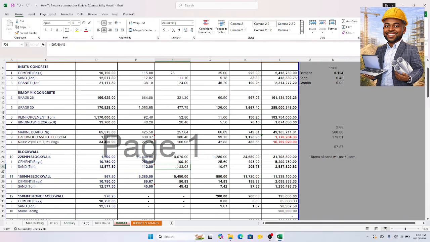Total area divided by 60 times 5. 5 is the tons. 5 tons will give us, we'll set 60 square meter. X tons will give us 1340 square meter.